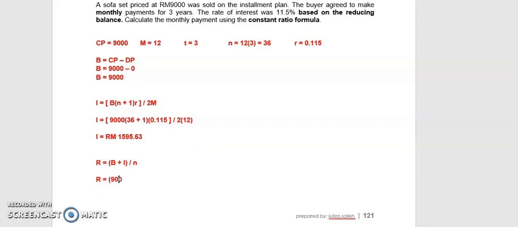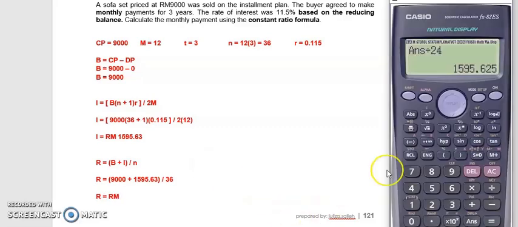So balance just now 9,000, plus interest 1595.63, divided by number of payments, which is 36. So R is the amount of interest plus balance 9,000 divided by 36.